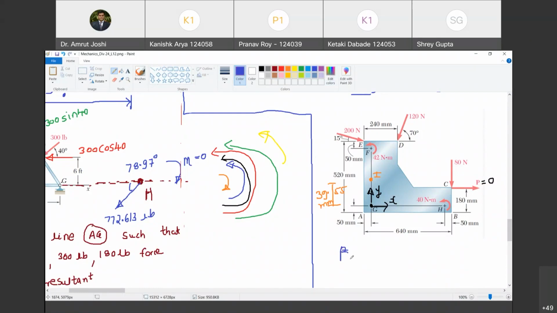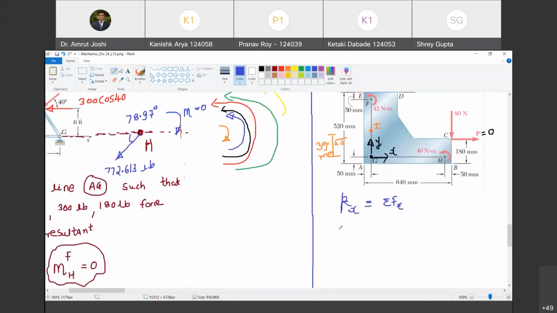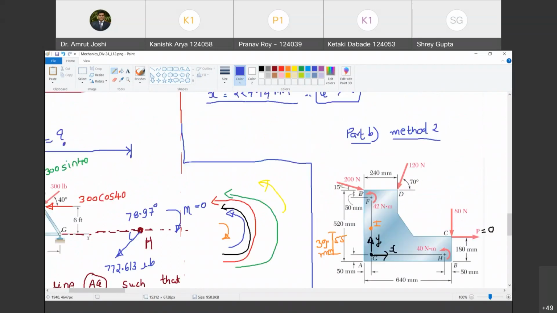So how do I find out X component of that resultant? Rx is sigma Fx. No, not equal to 0. It is summation Fx, some value, sir. Are you with me? Yes, sir. So let us quickly do that. So what is Rx? It is 200 cos of 15. Happy? Yes, sir.